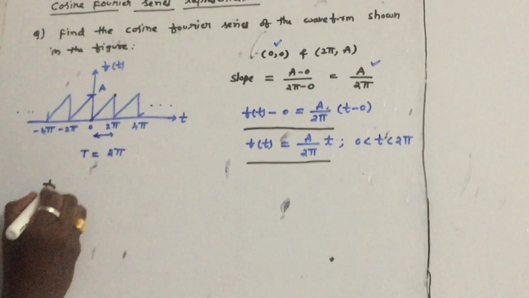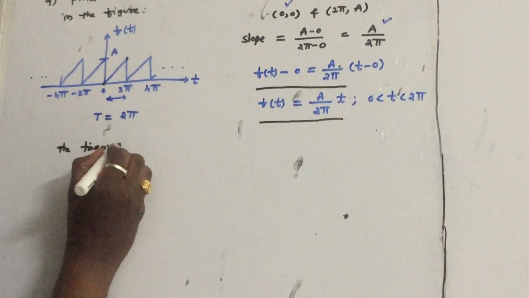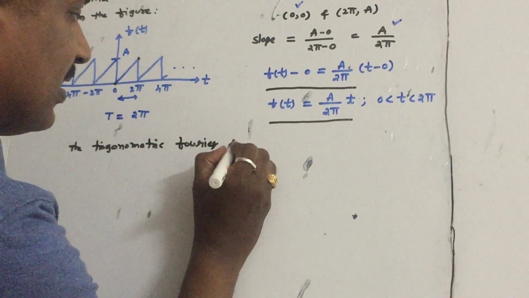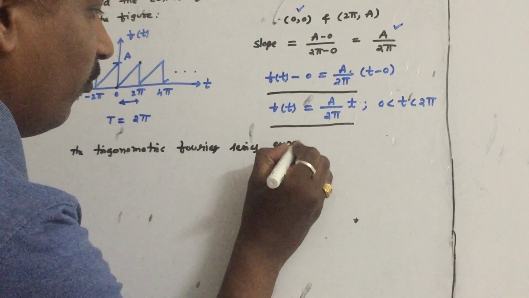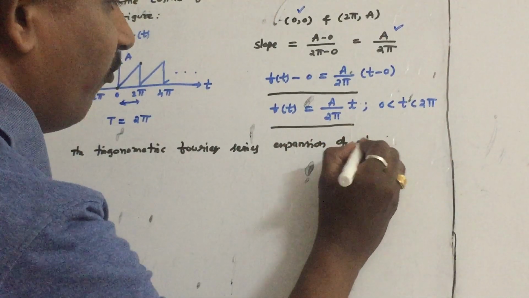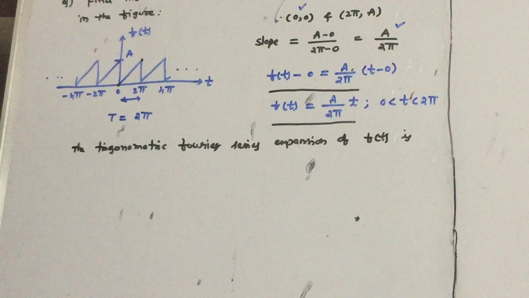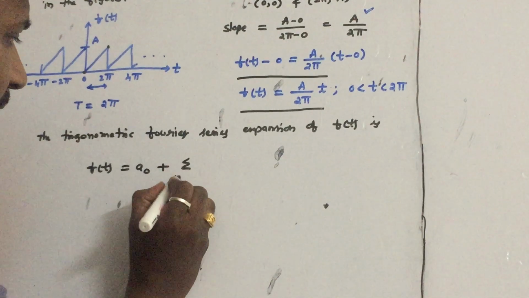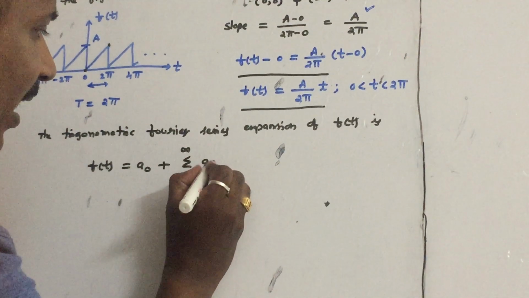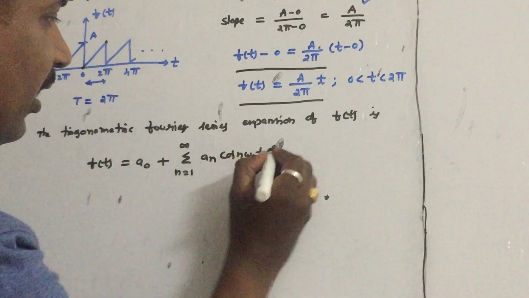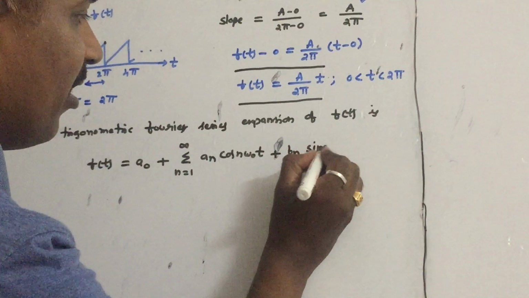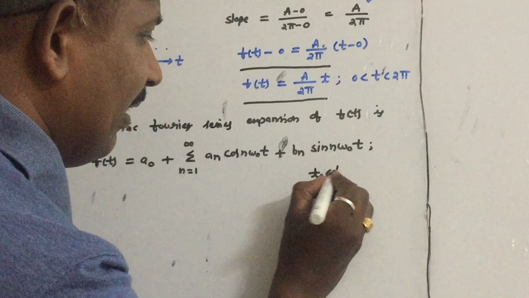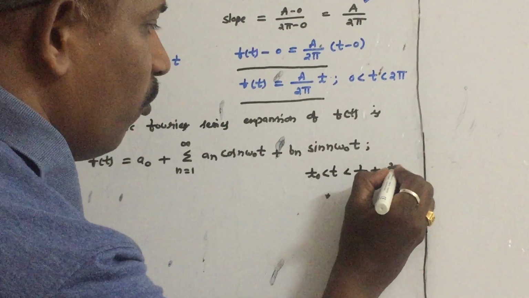The trigonometric Fourier series expansion of a periodic signal f of t is f of t equal to a0 plus summation n equal to 1 to infinity an cos n omega 0 t plus bn sin n omega 0 t, in the interval t0 to t0 plus 2 pi by omega 0.